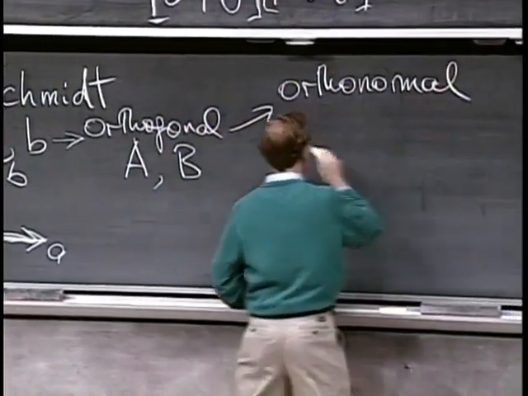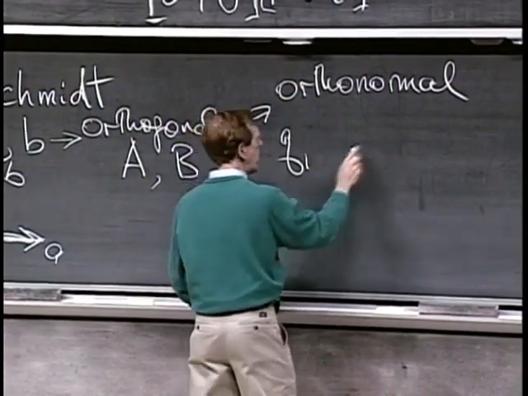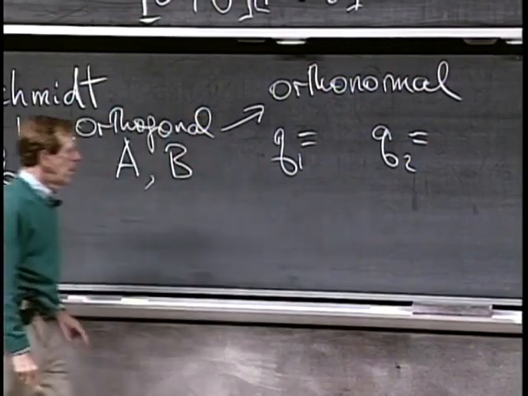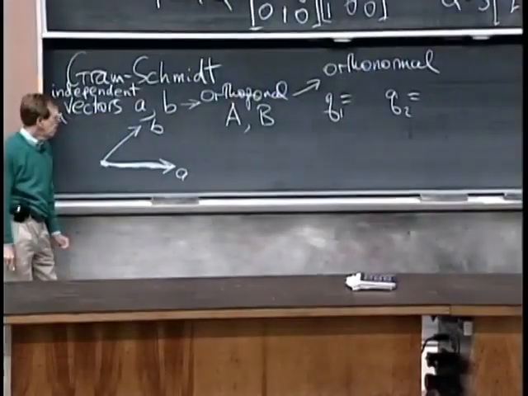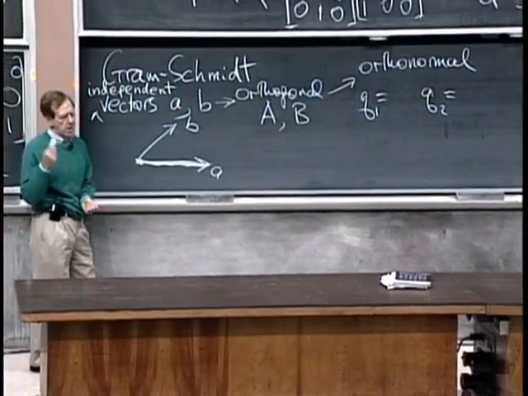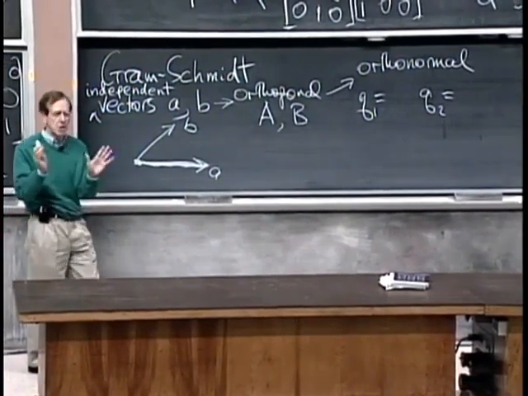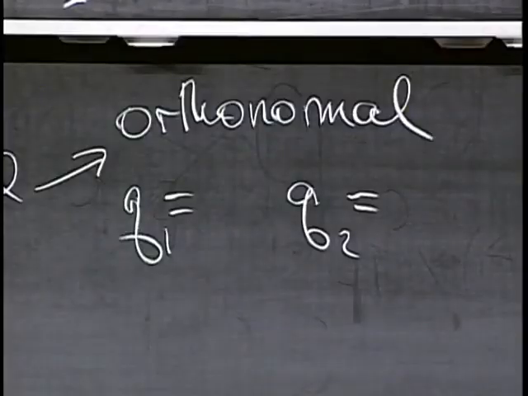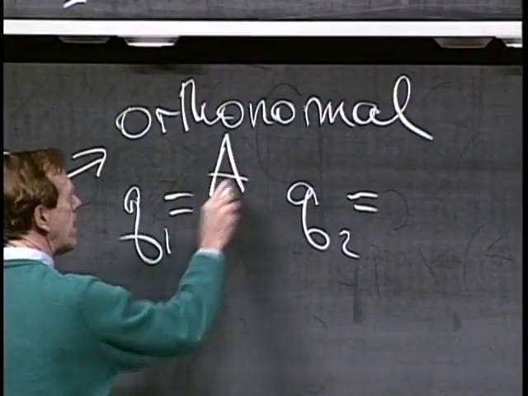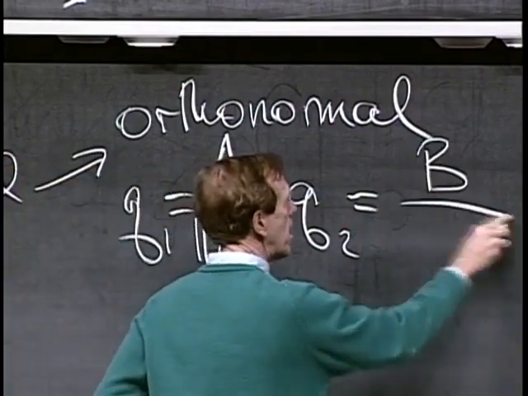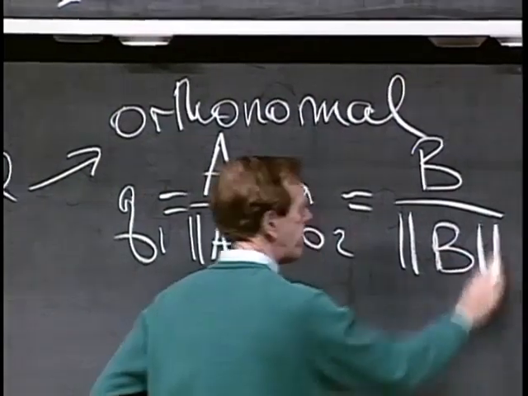Those will be my Q's, Q1 and Q2. And what will they be? Once I've got A and B orthogonal, it's no big deal. Maybe that's what Schmidt did. Brilliant Schmidt thought, okay, divide by the length. All right. That's Schmidt's contribution.